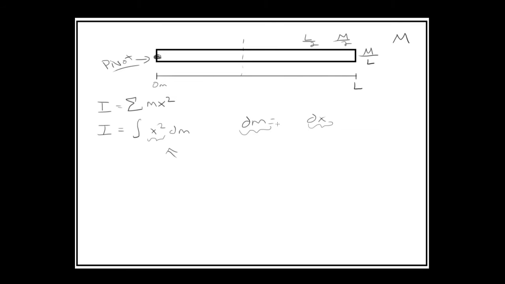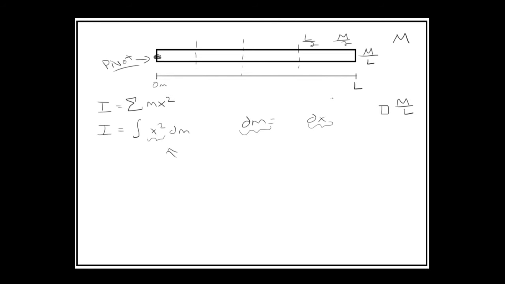So if the overall rod were divided into infinitesimally small sections, each tiny unit of mass would be the mass M over its length, right?